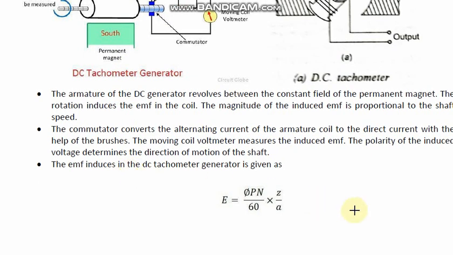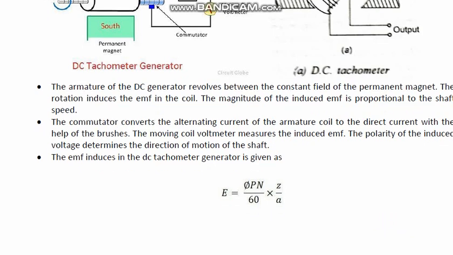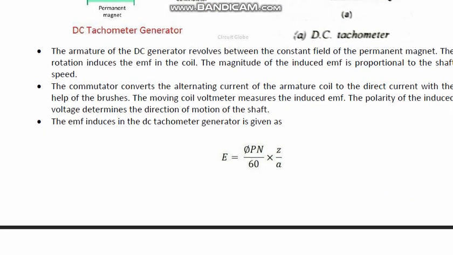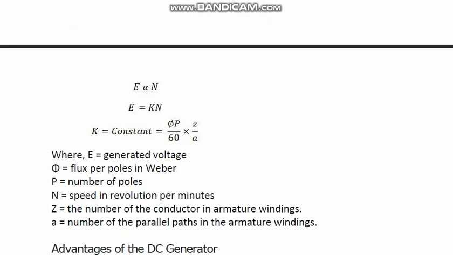Now let us move to the mathematical part. What is the mathematics behind this? The EMF induced in a DC tacho generator is given as E equals phi P N by 60 into Z by A. Now let us watch these values in detail.